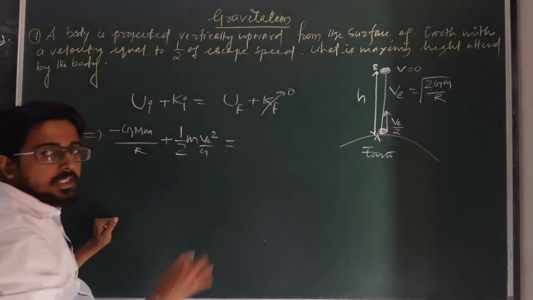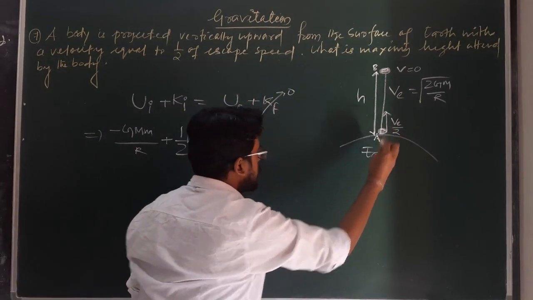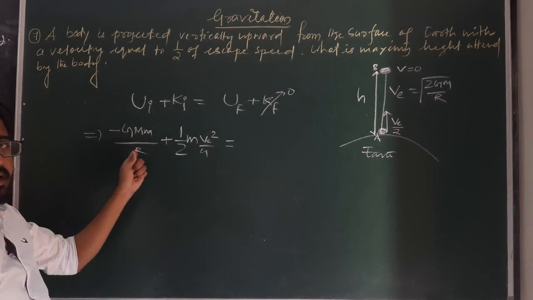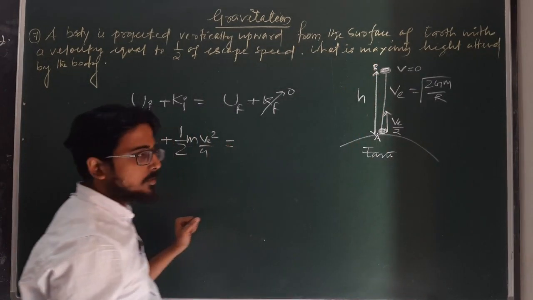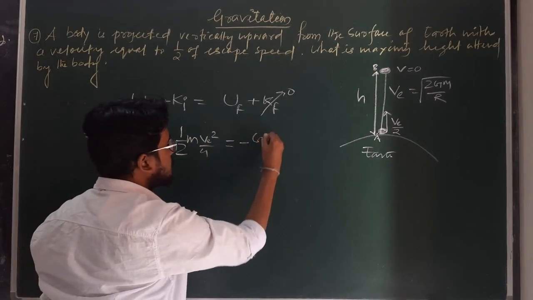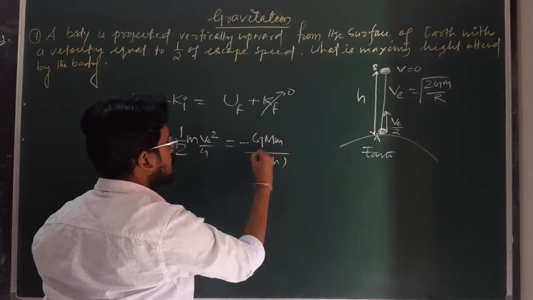So the final kinetic energy of the body becomes 0. What is final potential energy? As we know, initially the body is on the surface of earth, which has a potential energy minus GM by r, and finally it is at point B, at a height h from the surface of earth. So final potential energy will be minus GM by r plus h. Clear?